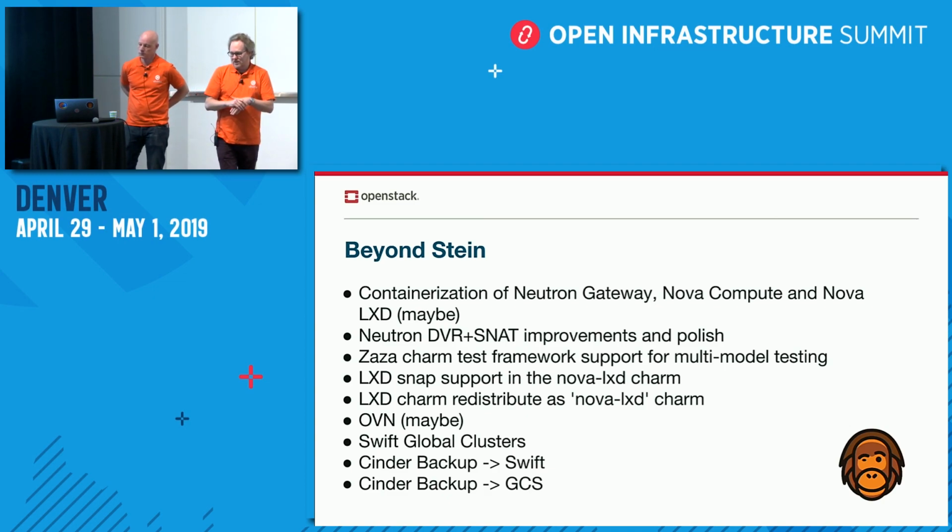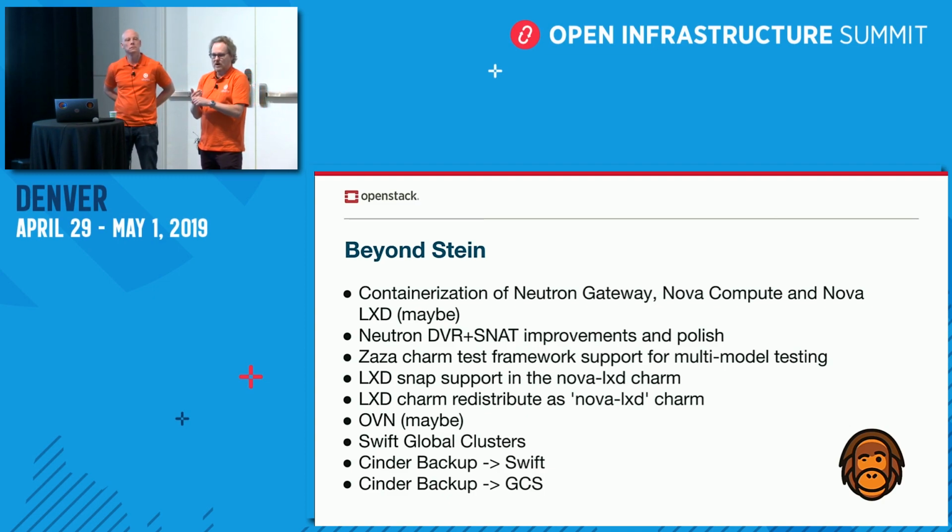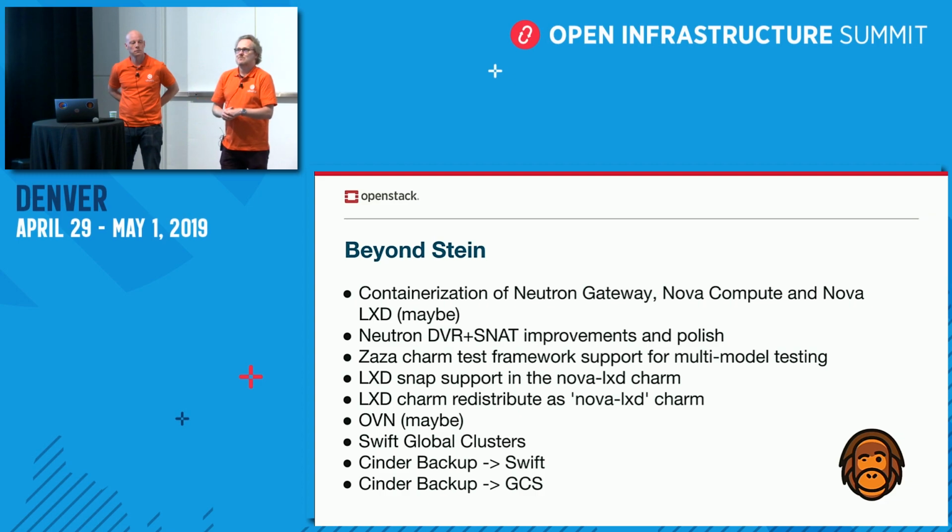OVN is an SDN that we've been talking about charming for quite a while now. We've had fairly regular conversations with the Open vSwitch team who are producing that SDN about when it's ready.